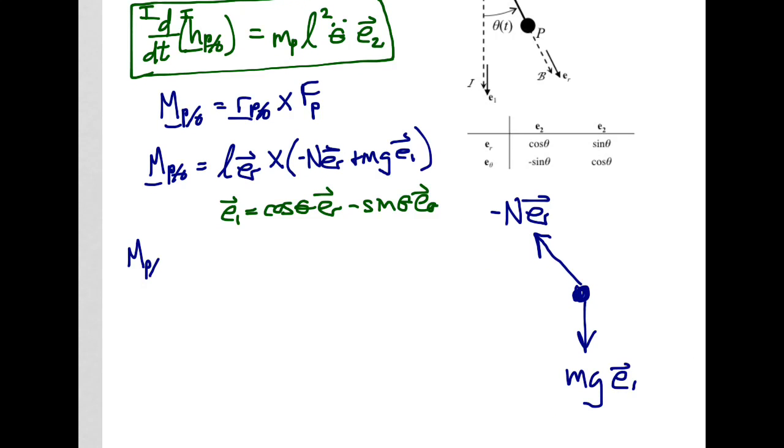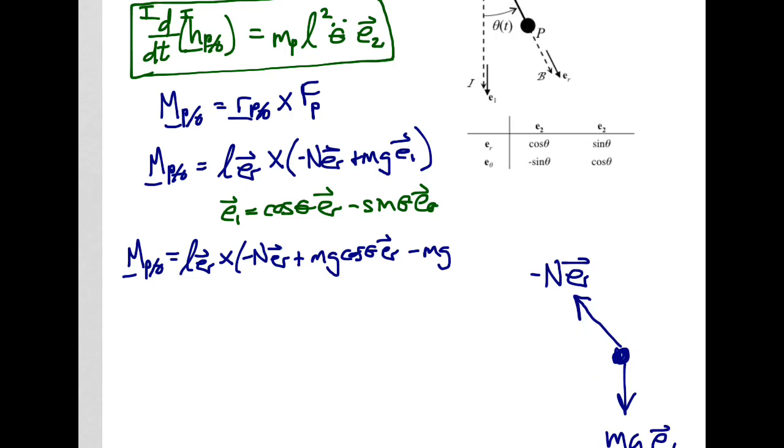We get the moment of P relative to O is equal to L ER crossed with negative N in the ER direction, plus mg cosine theta in the ER direction, minus mg sine theta in the E theta direction.